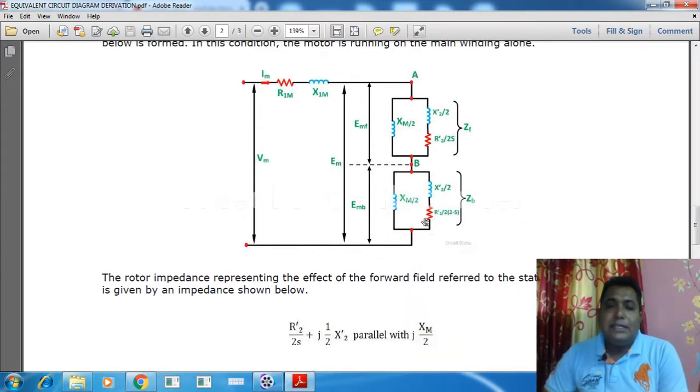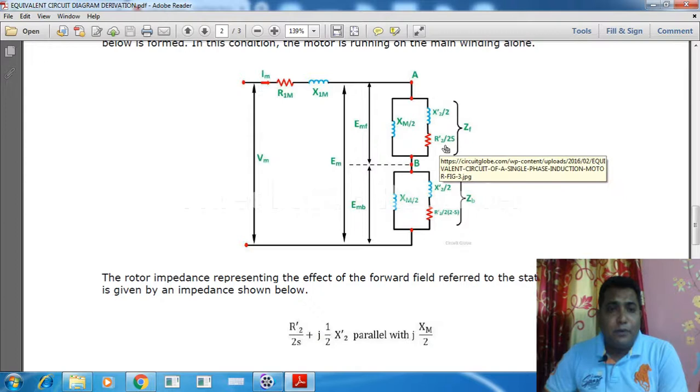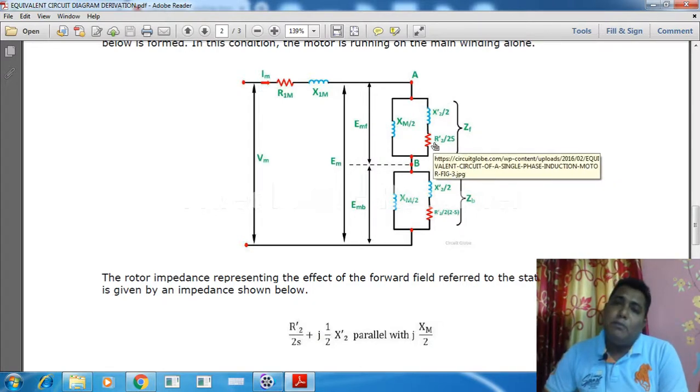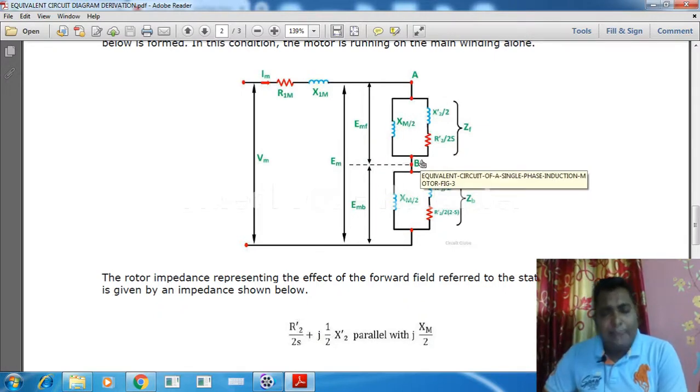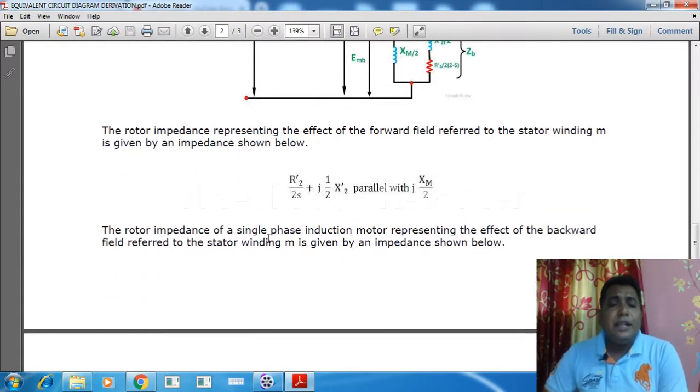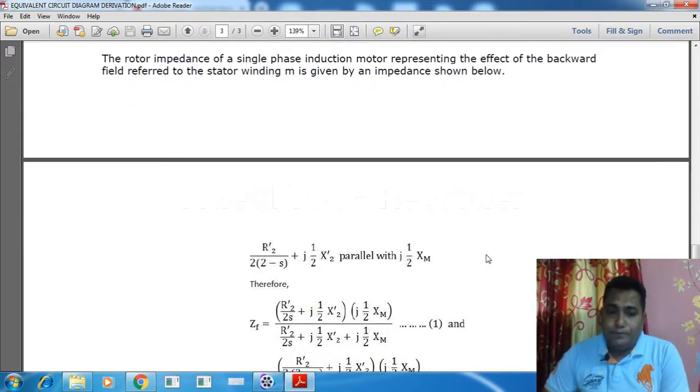That means this whole component, follow my pointer, x2 bar by 2 and R2 bar by 2s, this whole component is in parallel with this xm by 2. The rotor impedance of the single phase induction motor representing the effect of the backward field referred to the stator winding M is given by an impedance shown below.